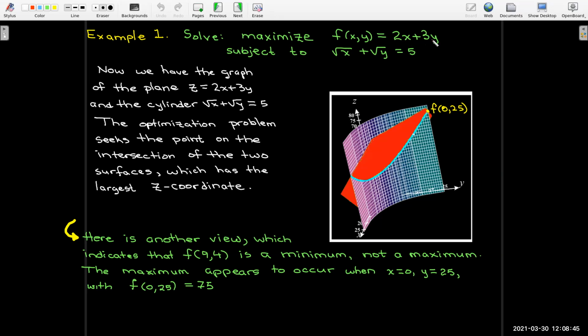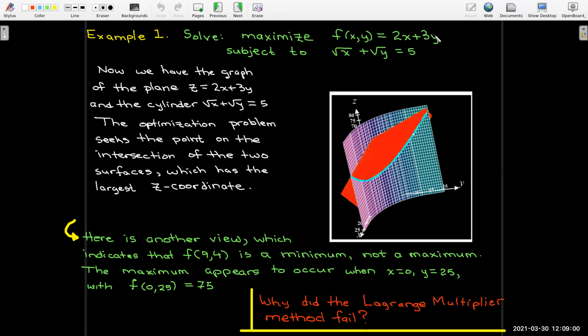It's like, oh, I'm multiplying y by 3, I multiply x by 2, so I'd want to make y as large as possible. And that's what we did. So why didn't we find this solution, x equals 0 and y equals 25, using the Lagrange multiplier method?